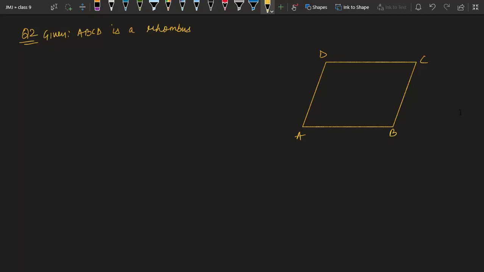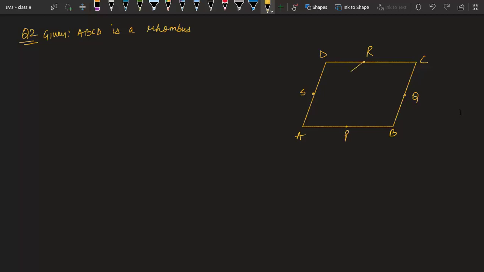Second thing, with midpoints P, Q, R and S. We have to prove that PQRS is a rectangle.